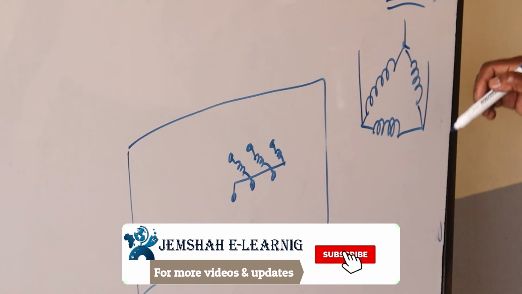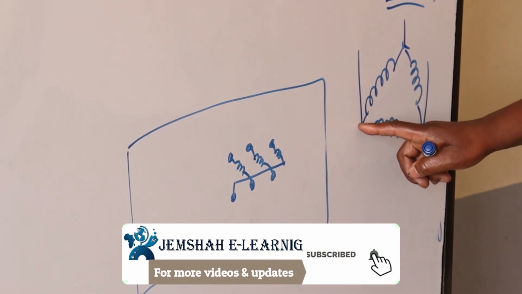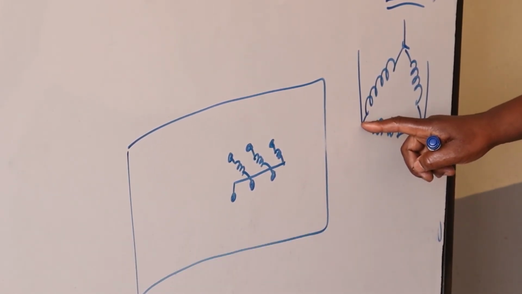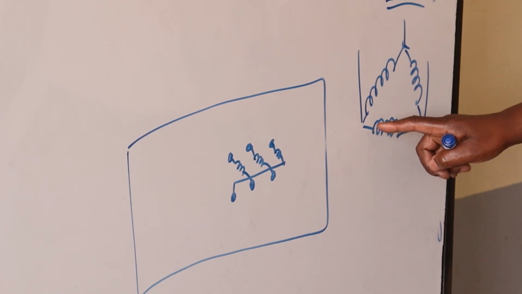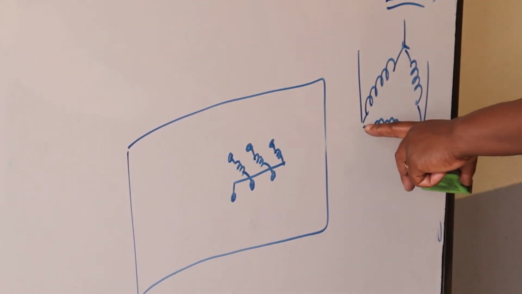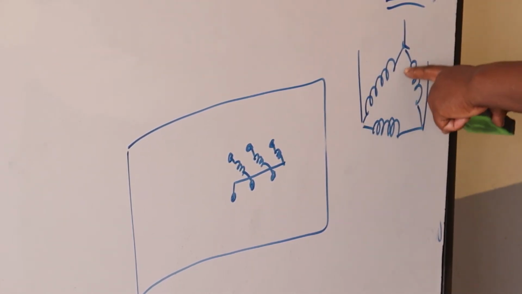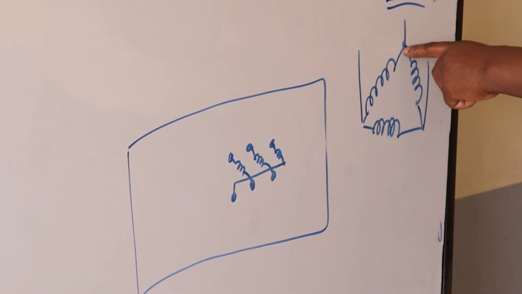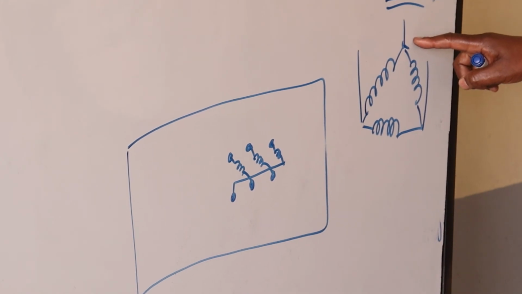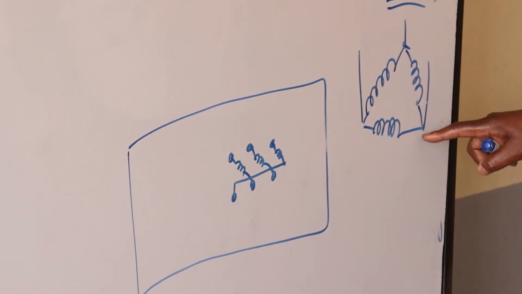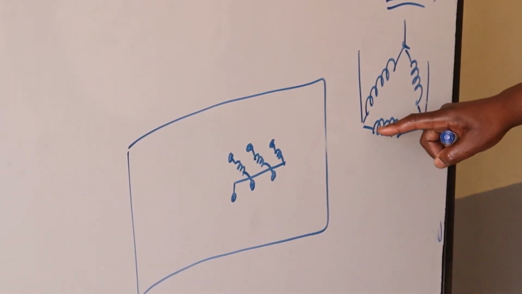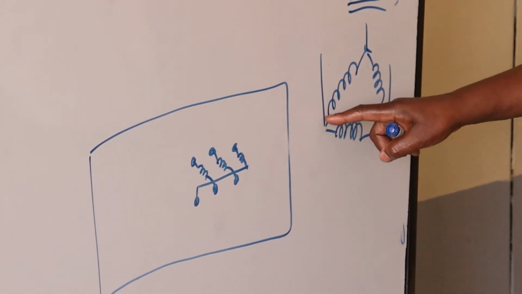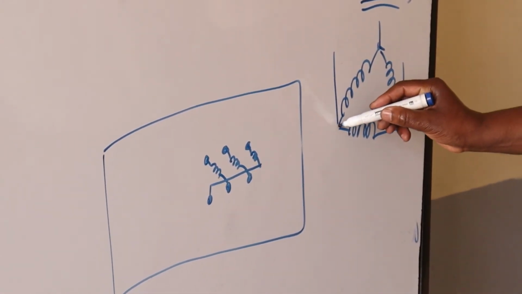That would mean the end of one coil is connected to the beginning of the other one. So this is the beginning of one coil, this is the other end. This is the beginning, the end, the beginning, the end. So the end of this coil here is connected to the beginning of that one here. The end of this coil is connected to the beginning of this one. And the end of this one is connected to the beginning of that one.